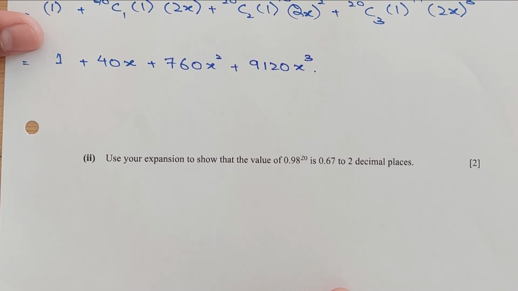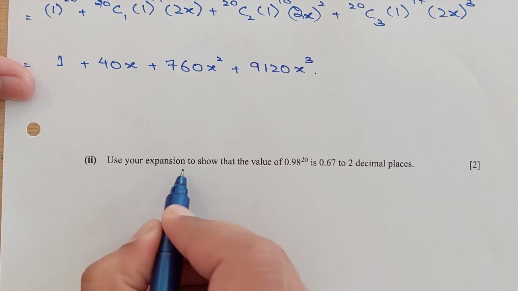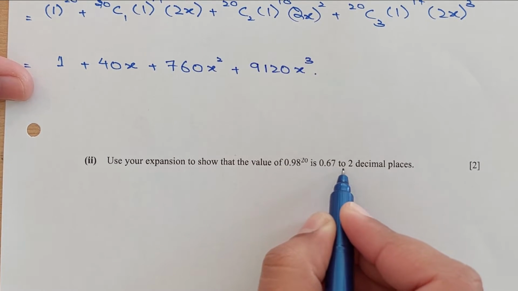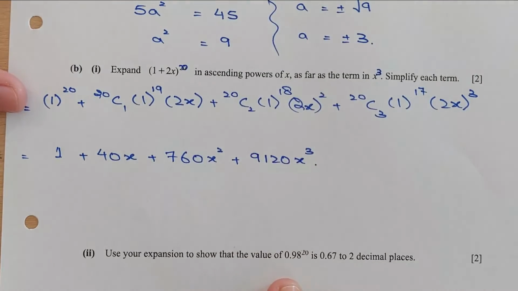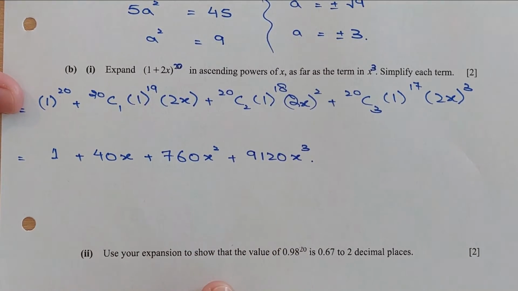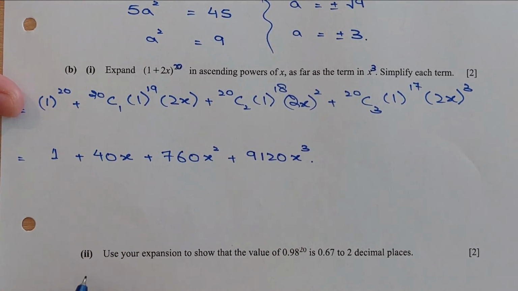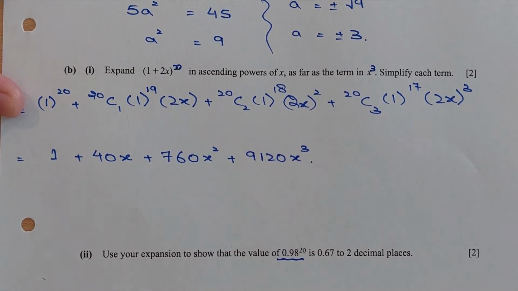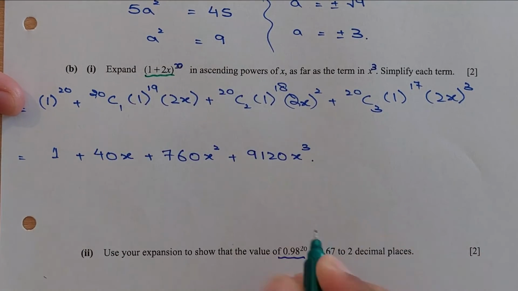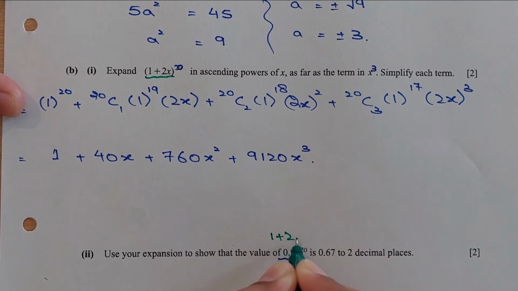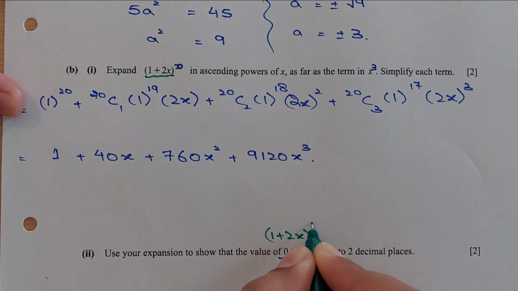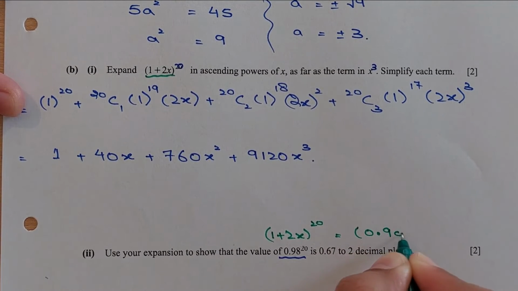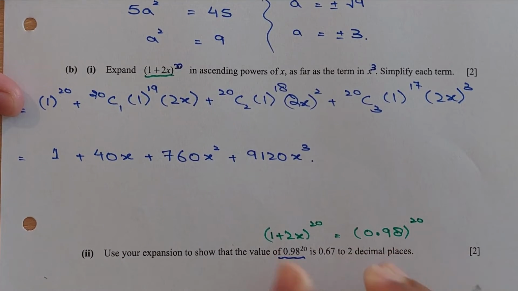Okay. Now for the second part, use your expansion to show that the value of this expression is 0.67 to 2 decimal places, right? We have to use our expansion. So it means this expression they are using here is compared with this one. So 1 plus 2x power 20, they are saying it is 0.98 power 20.